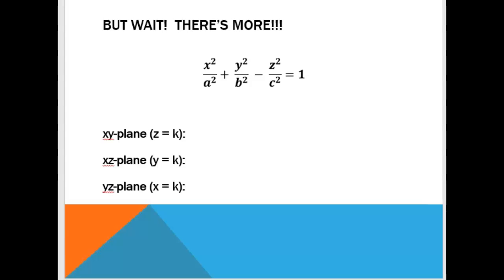Suppose this almost looks like an ellipsoid, except one of my terms is negative. Well, when one of my terms is negative, I'm going to again get some hyperbolas. I have ellipses parallel to the xy plane, and hyperbolas in the other 2 directions.